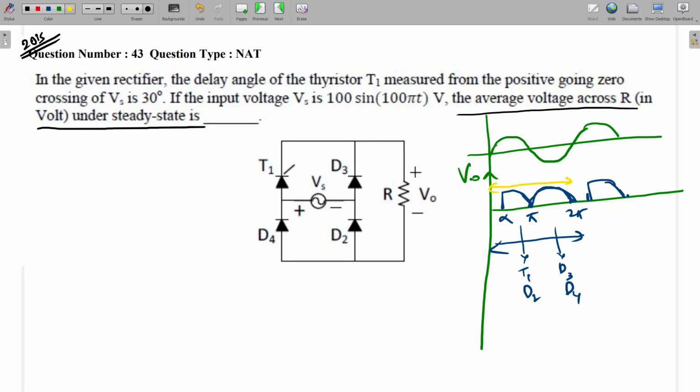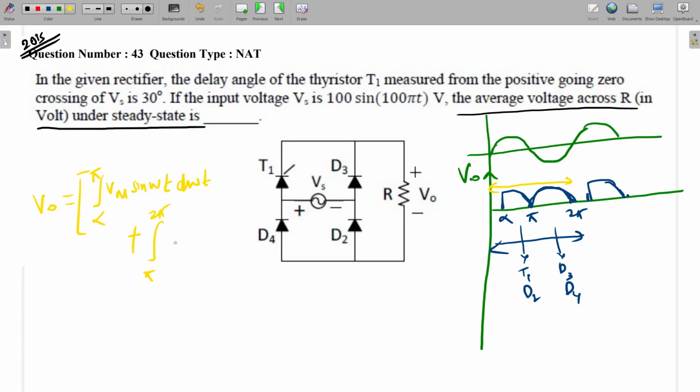So the average voltage will be 1 upon 2 pi integral. See here two parts are there. So I am going to write the two parts separately. Here only we can make a mistake. So alpha to pi, Vm sin omega t d omega t, plus pi to 2 pi, here it will be minus Vm sin omega t.